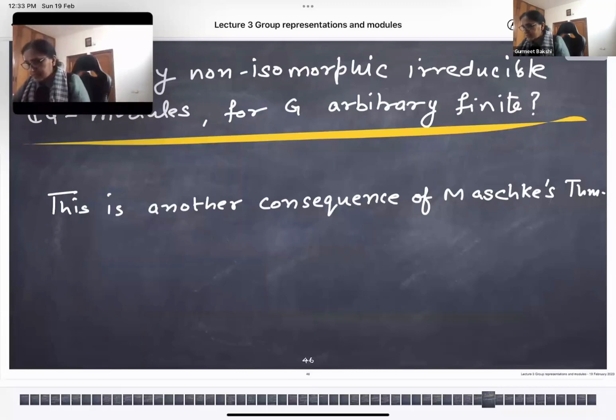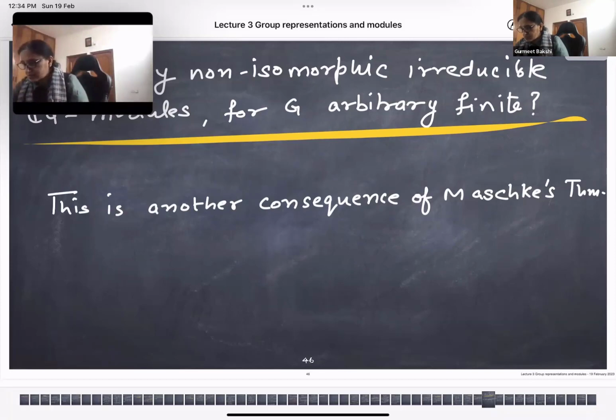Another consequence of Maschke's theorem: now I want to count the non-isomorphic irreducible CG modules. And I want to have an understanding of the degrees of those irreducible representations as compared to the order of the group.